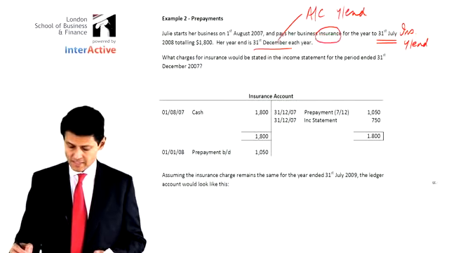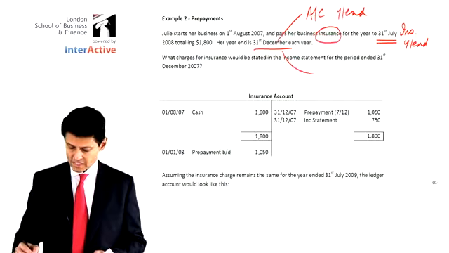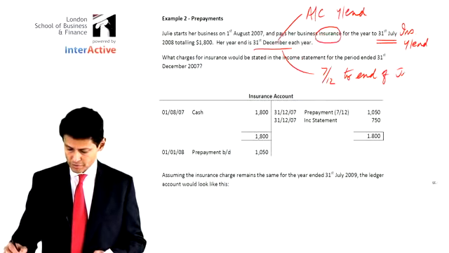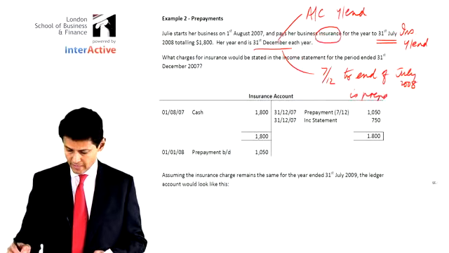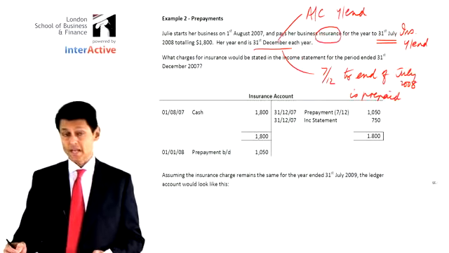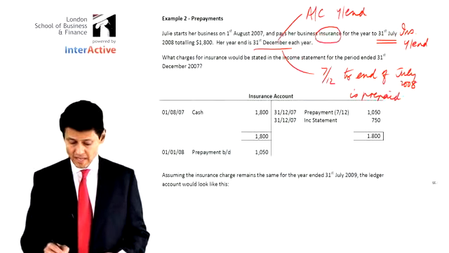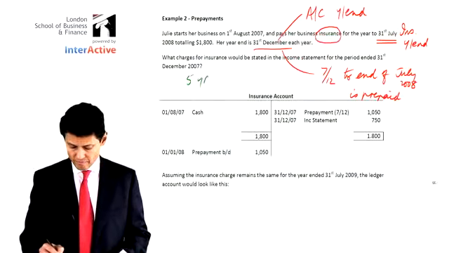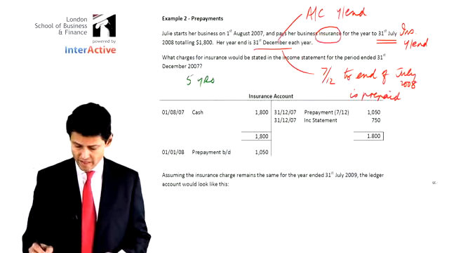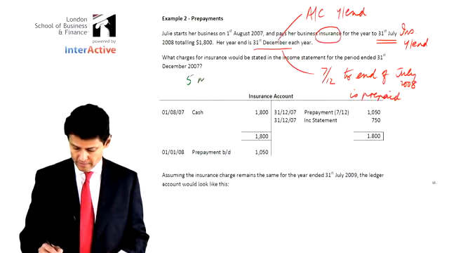So if the year end is the 31st December, I reckon 7 months to the end of July 2008 is prepaid. Or put another way, 5 months falls into this year. You see? 5 months are okay out of the year you've paid.